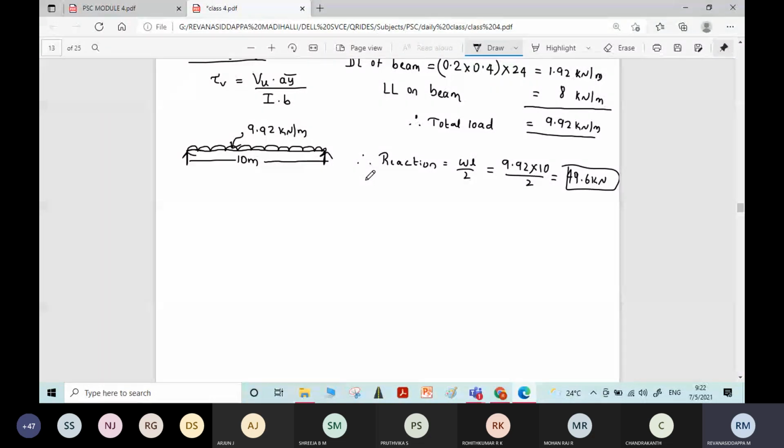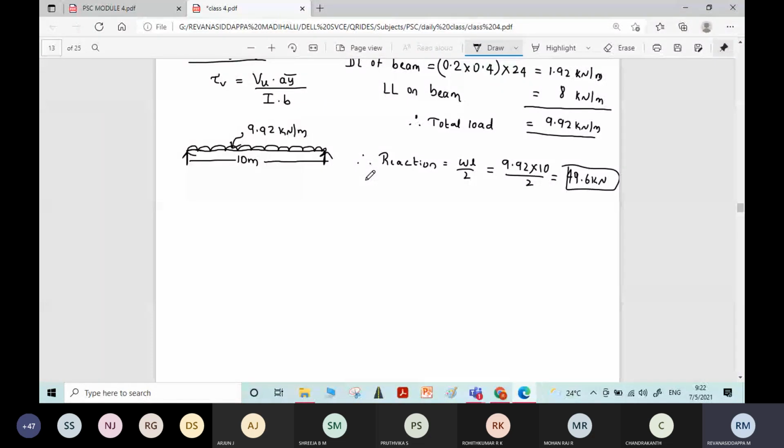In the coming sessions, there is one more variety of problems, design for shear. They are design related problems. For design related problems, you consider the factor load and do the design. For analysis, better not to consider the factor load. Whatever the exact load that will come, considering that load only, you perform the analysis.